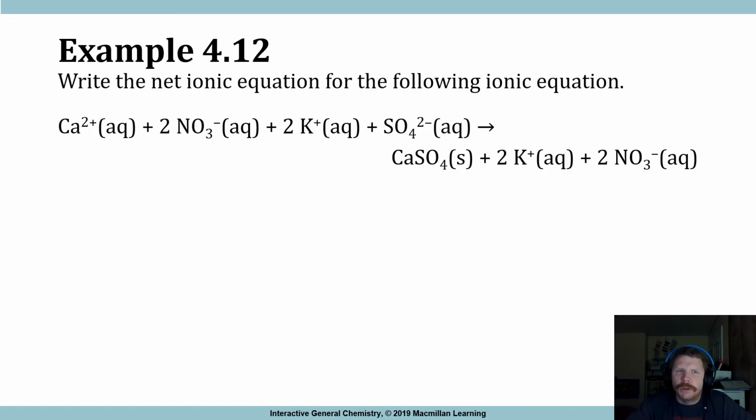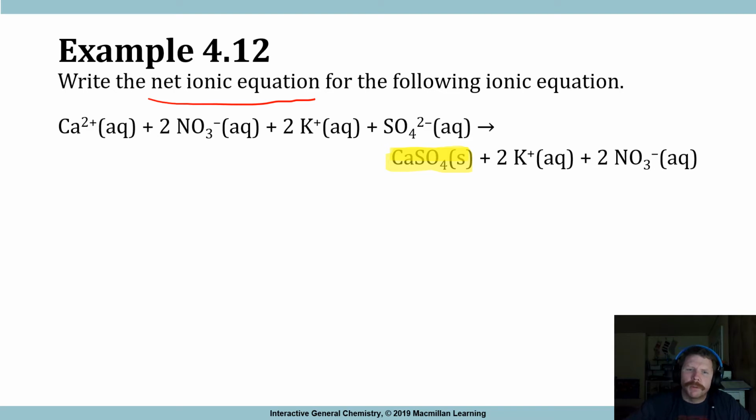Now here's an example of an overall reaction. And so this is our ionic equation. What we need to do is distill it down to our net ionic equation. Whenever you're presented an ionic equation, essentially what you want to do is find your product. And I can see right here that our product is this calcium sulfate, CaSO4. That's our solid. Then I want to go back to the components that are involved in that.